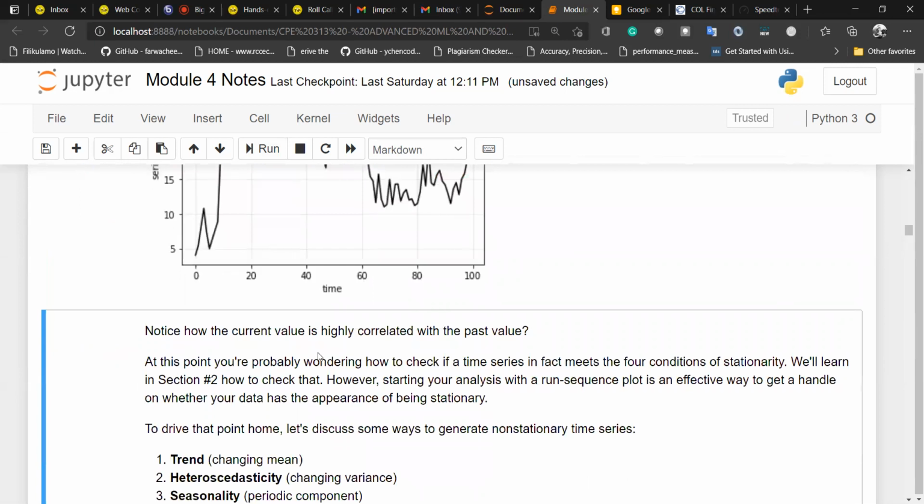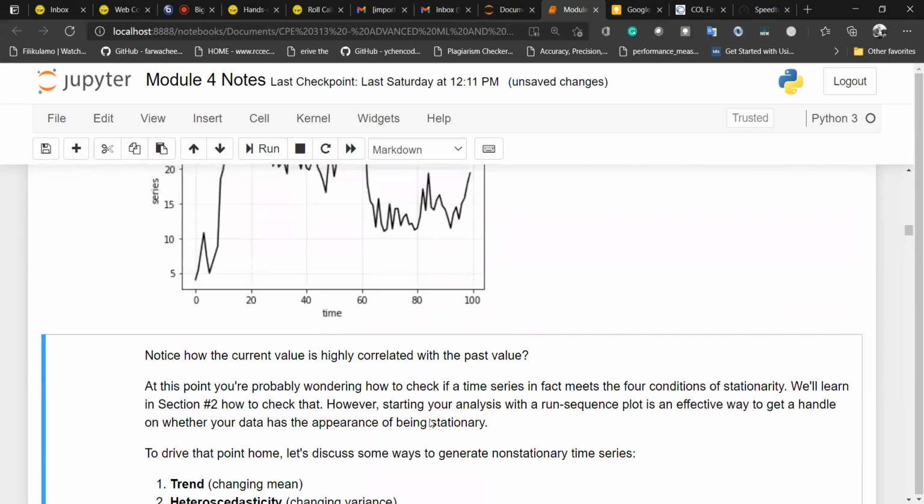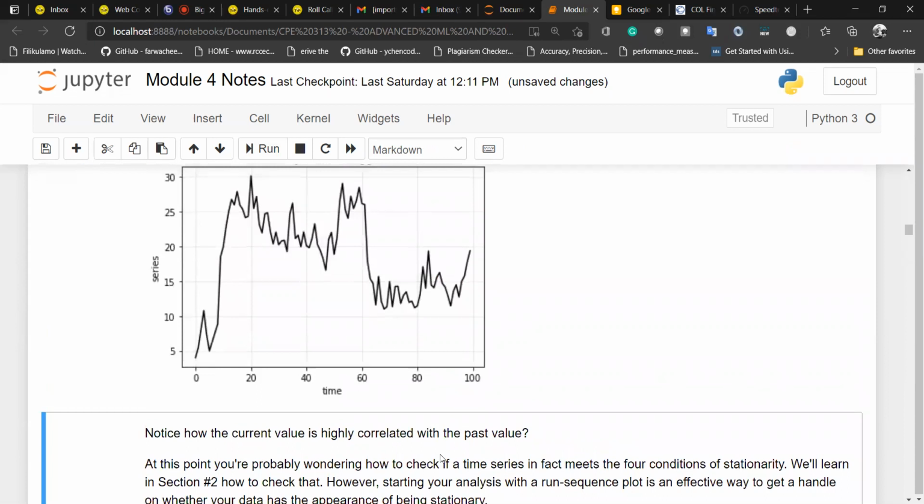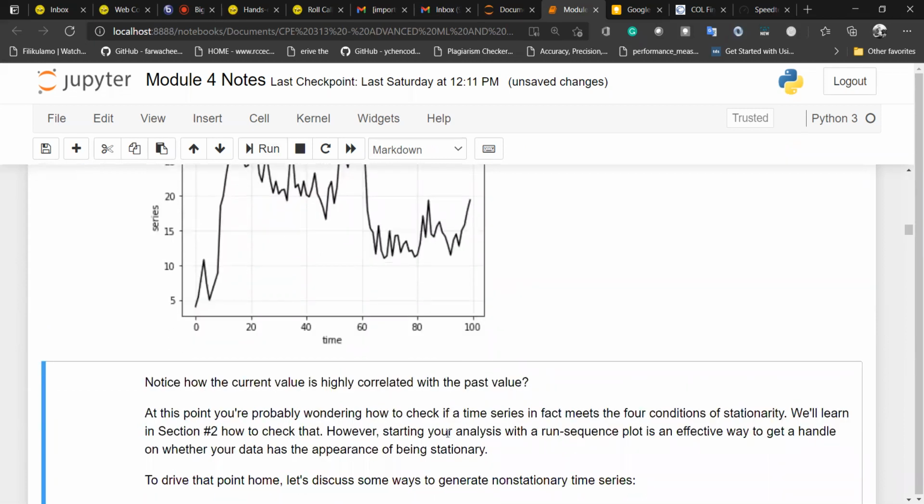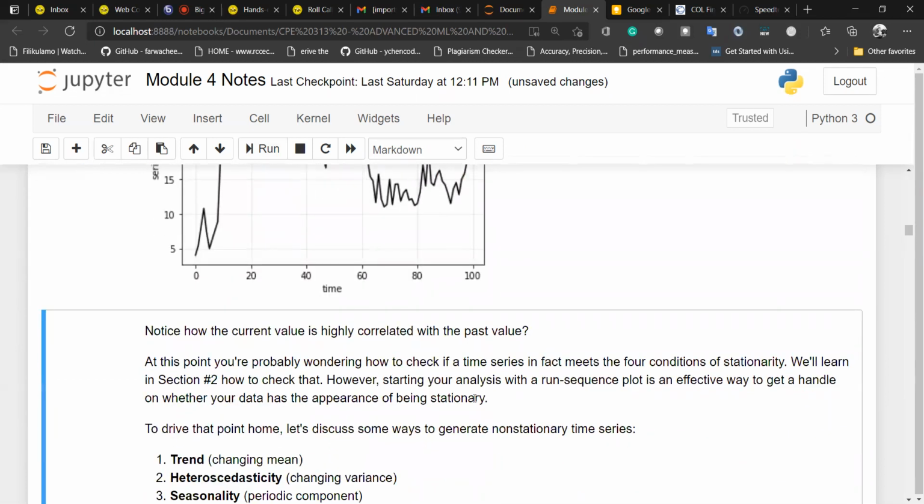So you will notice now that the current value is highly correlated with the past value. And at this point, you may wonder how to check if a time series in fact meets the 4 conditions of stationarity. So we will learn in section 2 how to check that.